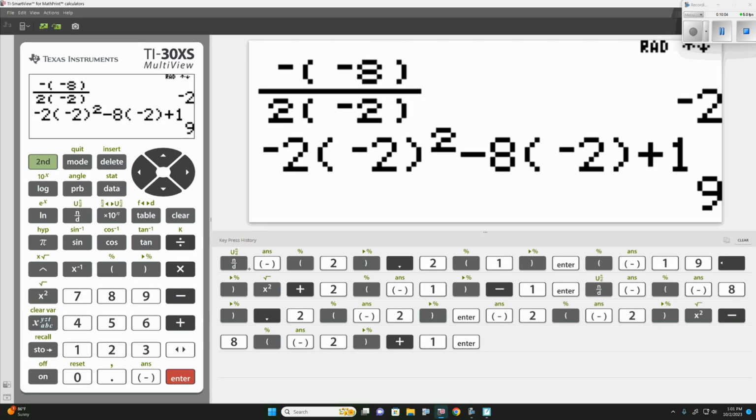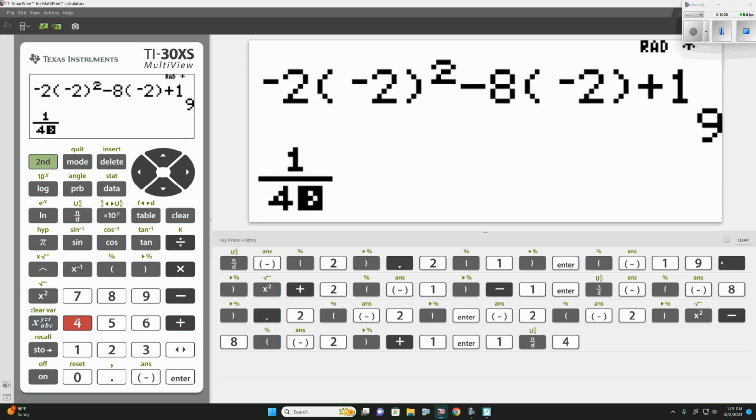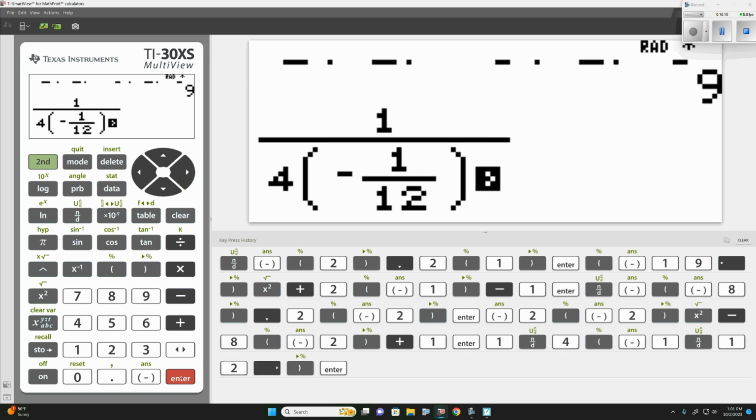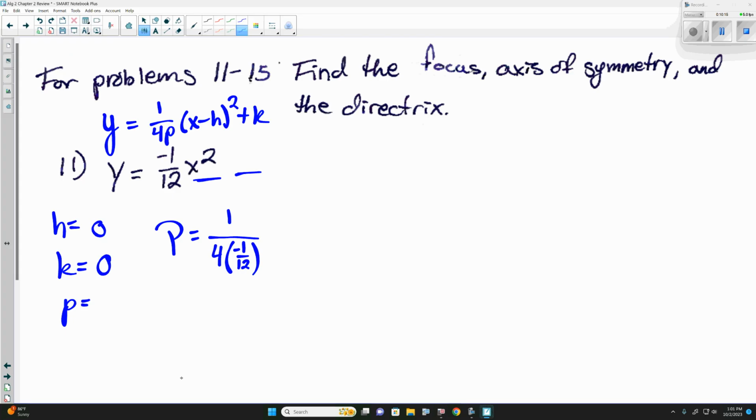So in the calculator, we can say 1 over 4 times negative 1 over 12, which is negative 3. So the value of p in our case is negative 3.